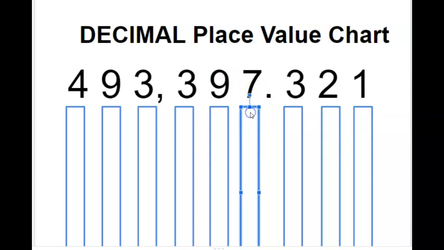So I like to start next to the period. I know that the digit next to the period would be the ones, right? So 7 is equal to 7, and this is the ones place. The digit that is to the left of the 7, the 9, is the same as 90, and this is the tens place.